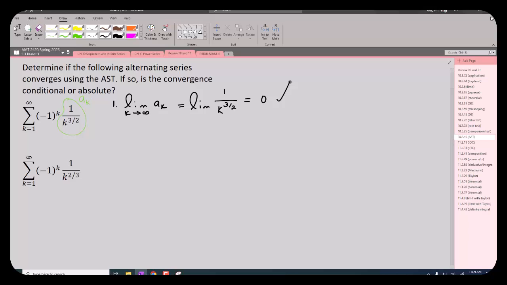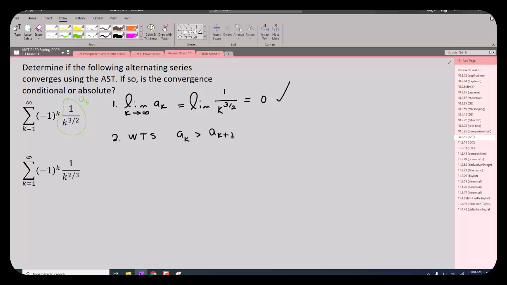And then the next piece of the alternating series test, we want to show that the a sub k's are decreasing. So we want to show that as we go further out, the terms are getting smaller. Sometimes you put an equal to here. It doesn't really matter. We already know the limit is 0, so they must be going down.